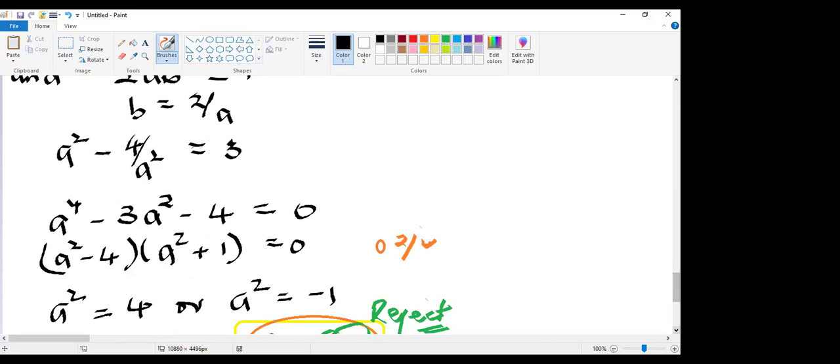The factors of -4 which add up to -3 are -4 and 1. So they are the factors that we have used here to produce a squared minus 4 and also to produce a squared plus 1, which is equal to 0. Got the 2 values, a squared as 4 and also a squared as -1.